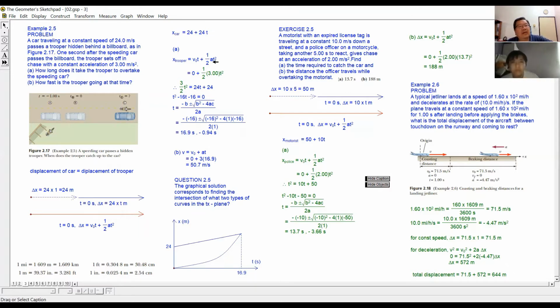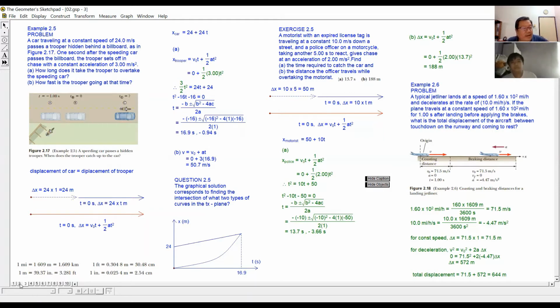Now I want to know the distance traveled by the policeman. We use this formula, x equals v naught t plus half a t squared. Why use this formula? Because this is the only formula that has x, the displacement, without the final velocity.